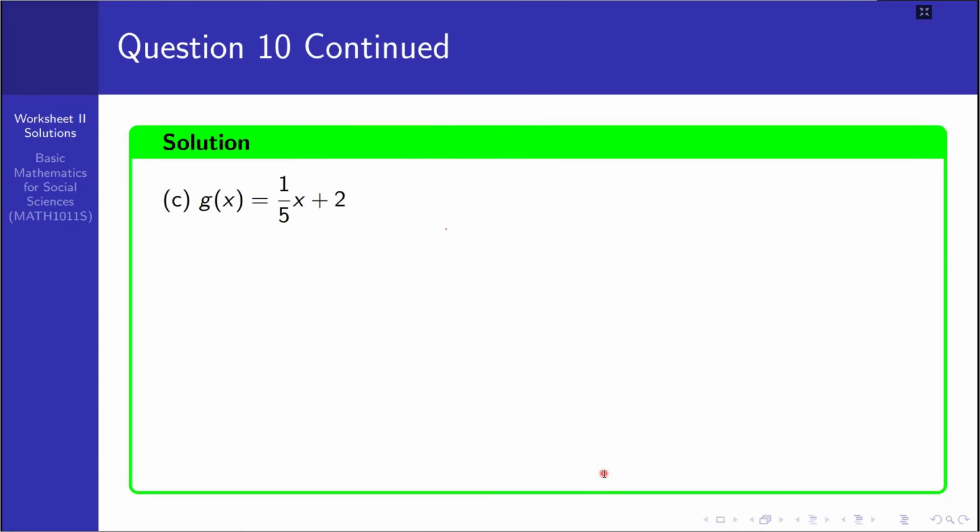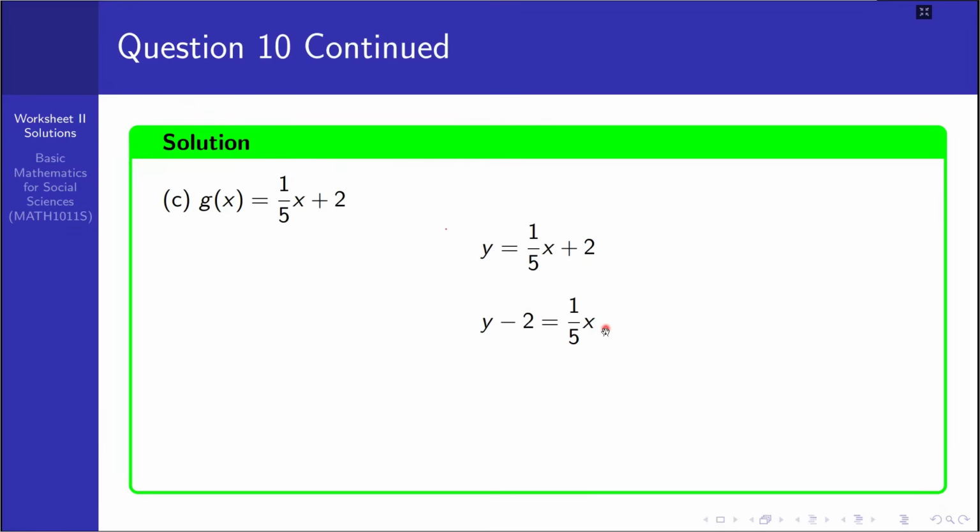Okay, next question. That is question number 3. C. g of x is given to be 1 over 5x plus 2. Therefore, letting g of x be y, 1 over 5x plus 2 አለን። ስለዚህ ይህንንም ለኤክስ ሶልቭ በምናደርግበት ጊዜ ሁለትን both sides ስንቀንስ we have y minus 2 is equal to 1 over 5x.